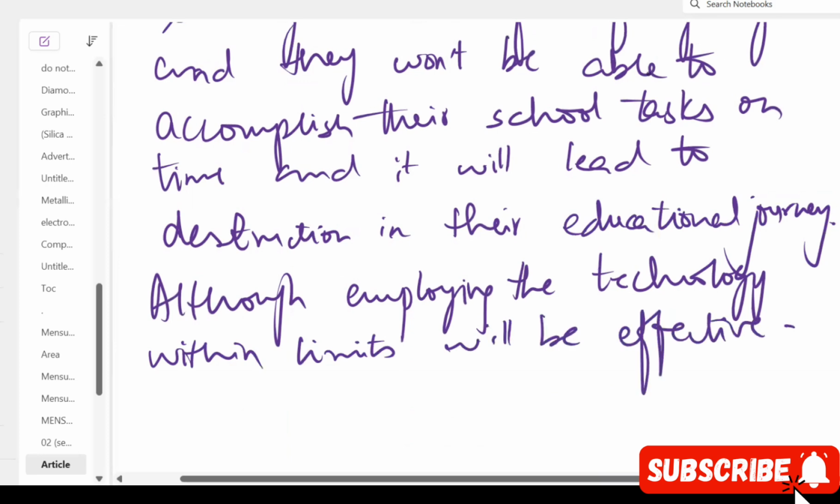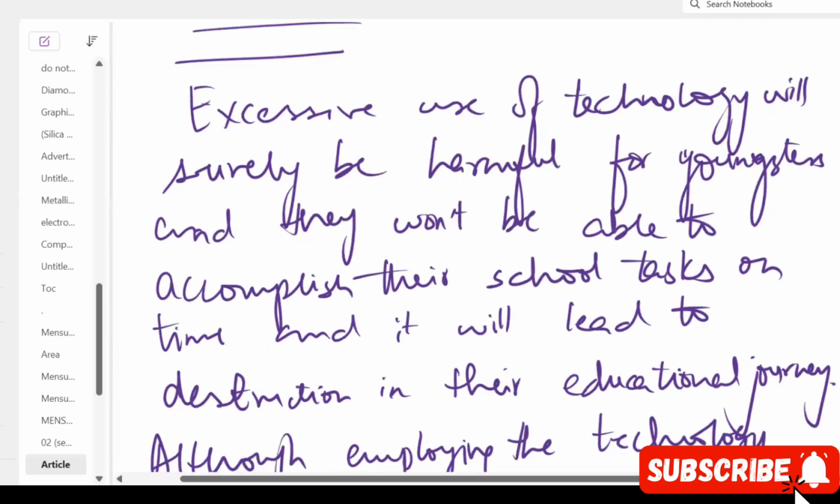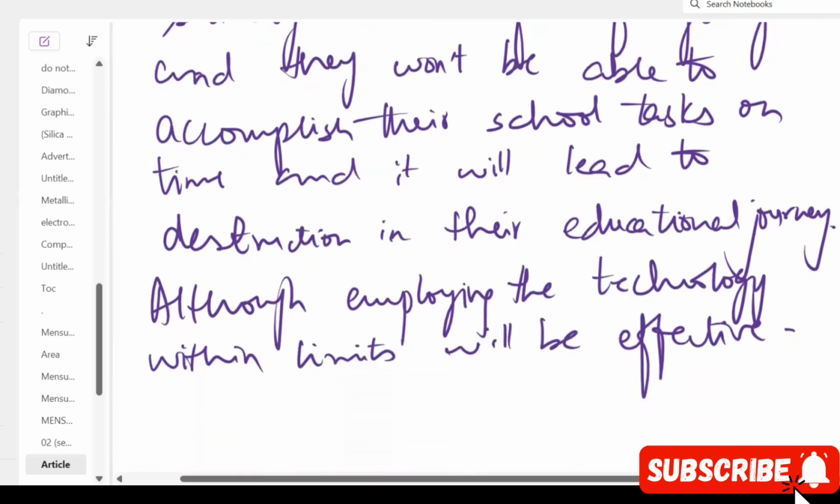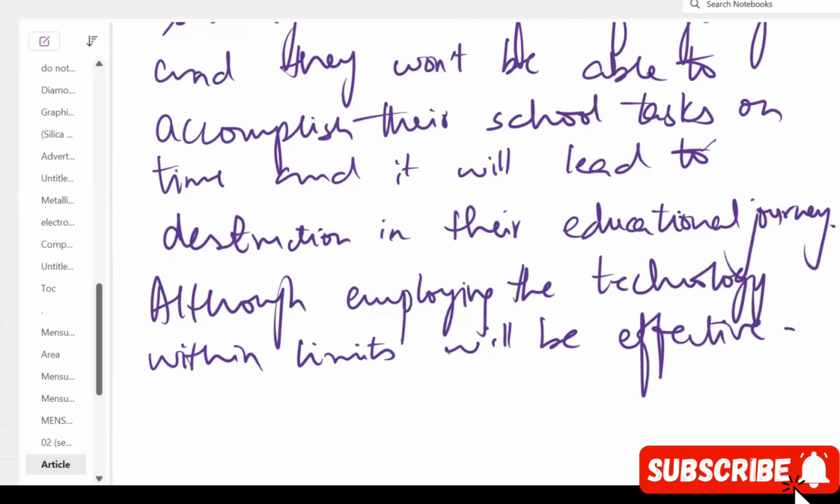But of course, as I told already, excessive use of technology will surely be harmful for youngsters, and they won't be able to accomplish their school tasks on time. It will lead to destruction in their educational journey. Because although employing the technology within limits, if you keep yourself in limitations, that will be effective. Otherwise, it's going to be extremely dangerous and arduous for your health, for your success in life, and everything else.